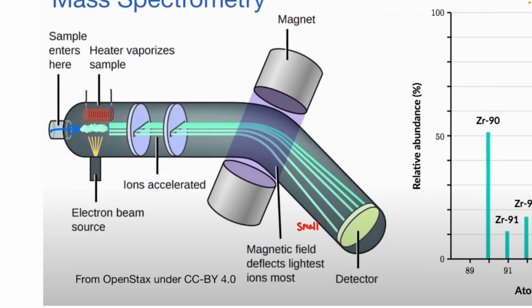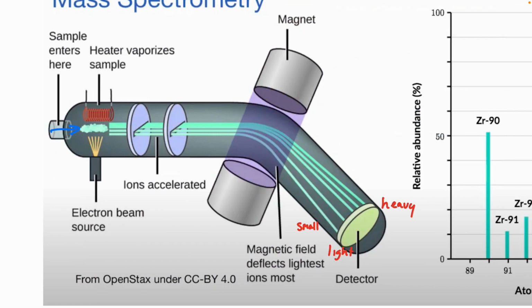The ones that are heavier don't get deflected as much, so they're only bent a little bit in space. At the end, we have this detector that's counting how many times it gets hit. Depending on where you are on that detector, we know the mass of that particle. The really light ones will hit on one side of that detector, and the really heavy ones will hit on the other side of the detector.